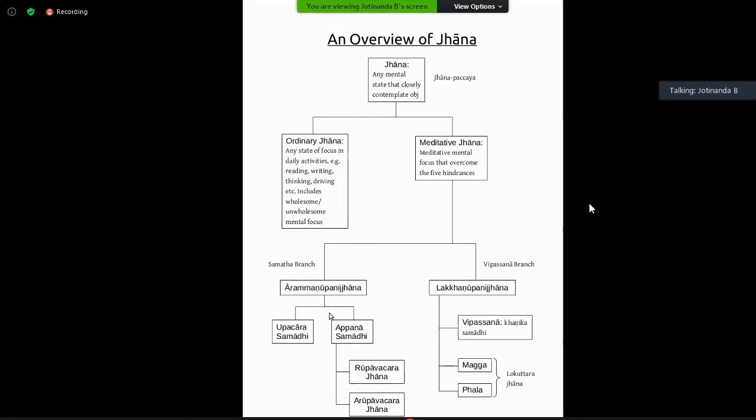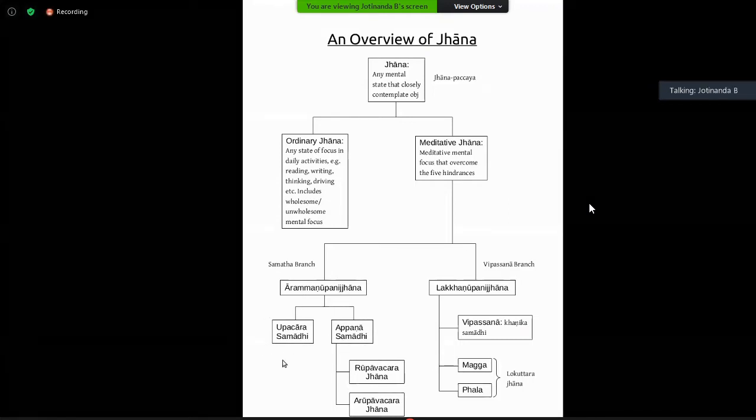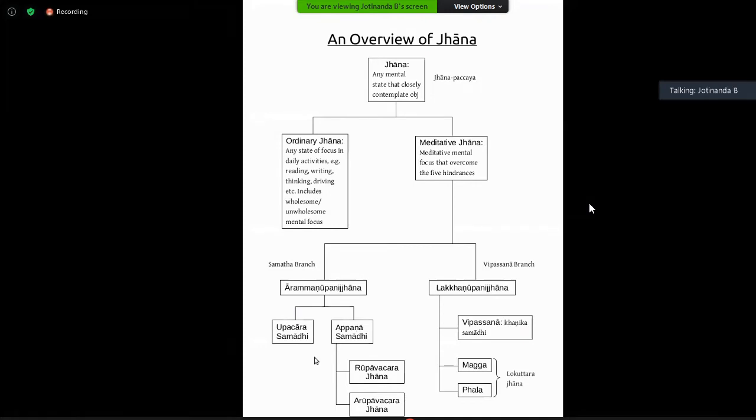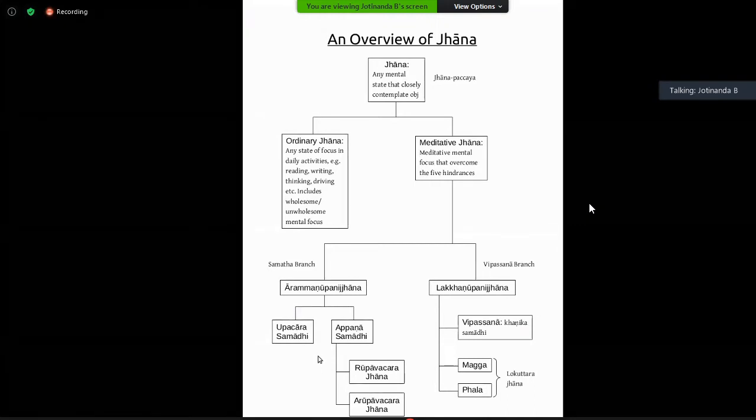So the mind attains what is called upachara samadhi. At that time, the five hindrances are put away, because the jhana factors are strong enough to put away the five hindrances, but not yet strong enough to absorb the mind, to unify the mind with the object.